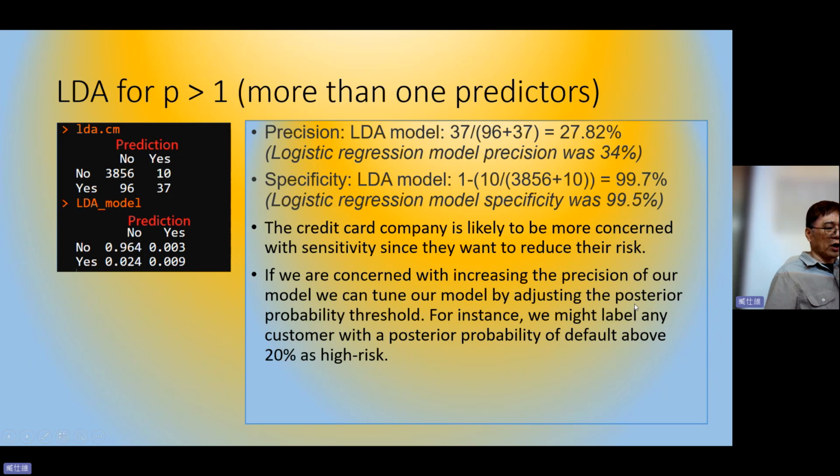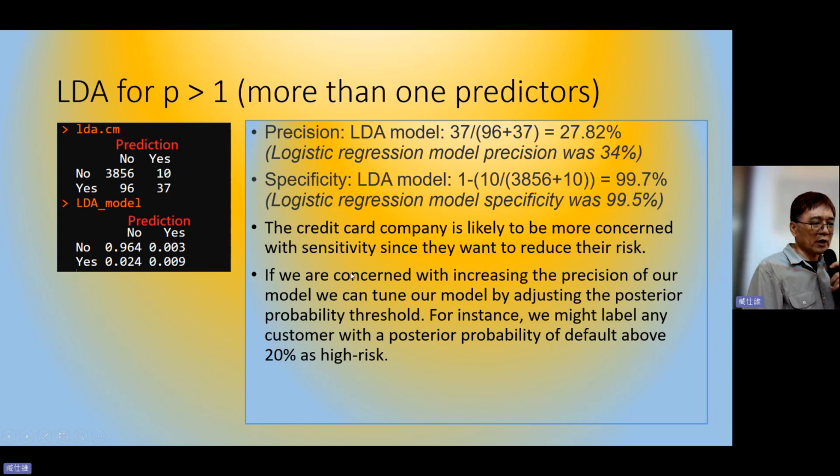If we are really concerned about the risk of default, then we need to adjust the posterior probability to a higher level. For example, we may set the posterior probability at about 20% for high risk.